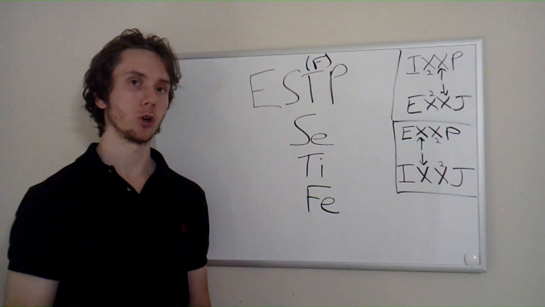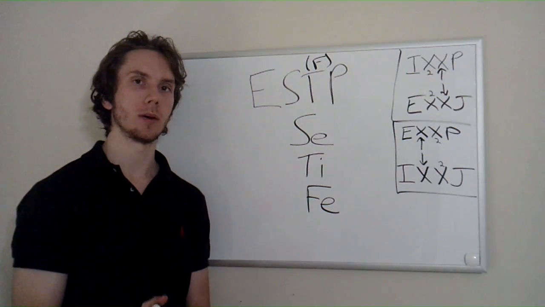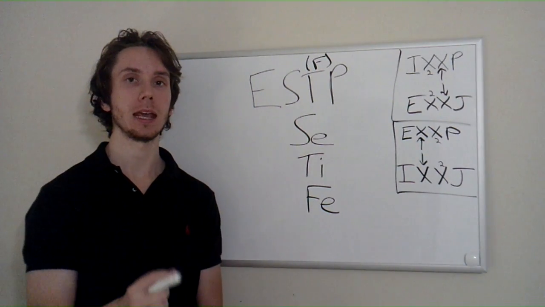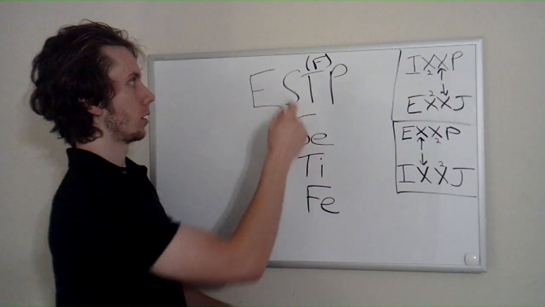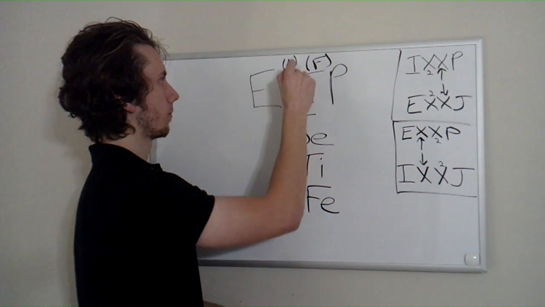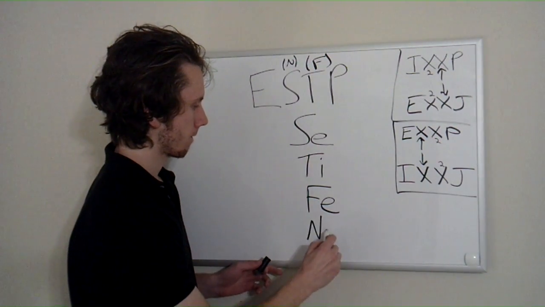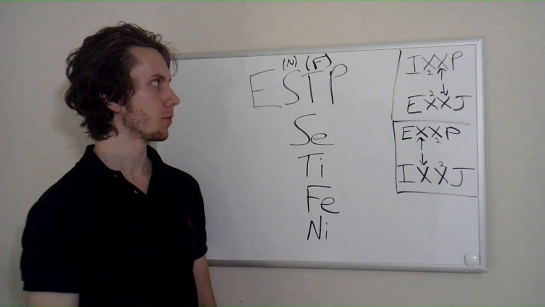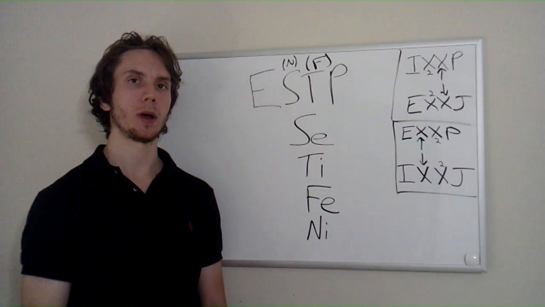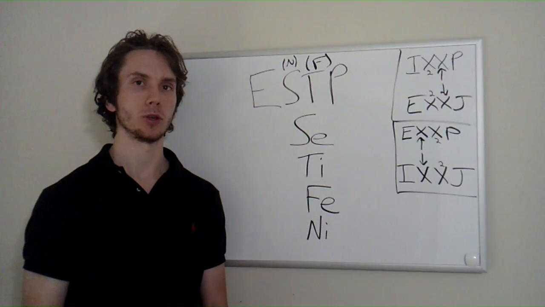To get our last function, we're going to go back over to the dominant function position and look at the function that can be there but is not. And that will be intuition. So this is a general pattern we can use to derive a cognitive function stack for any of the Myers-Briggs personality types.